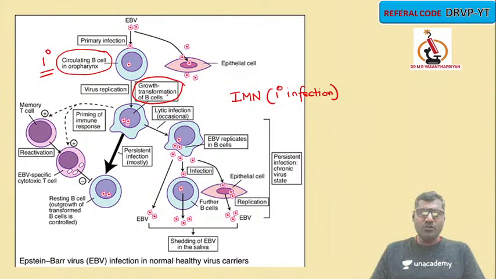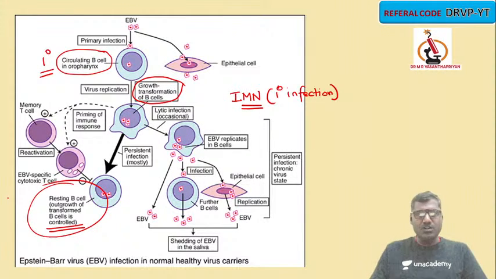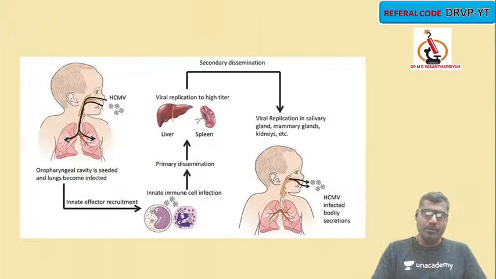B cell transformation happens because the virus stays dormant in the same cell for a very long period, by which it reactivates into a B cell cancer, nothing but Burkitt's lymphoma. So the primary lesion is called infectious mononucleosis. The reactivation is described as Burkitt's lymphoma or a malignancy, nothing but the transformation of B lymphocytes, to remember.